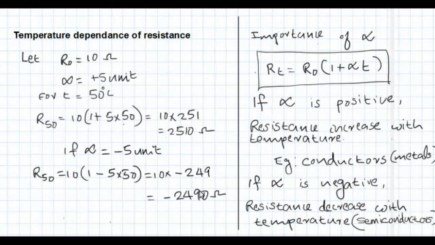You can see that here the resistance has a positive value, and here the resistance has a negative value. A negative value means the resistance is decreasing with the increase in temperature, and with the positive alpha the resistance is increasing with the increase in temperature. So that is the importance of the temperature coefficient of resistance.